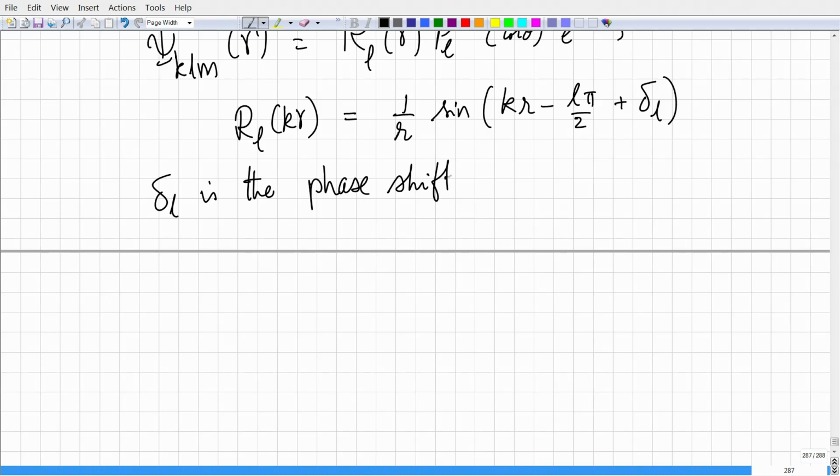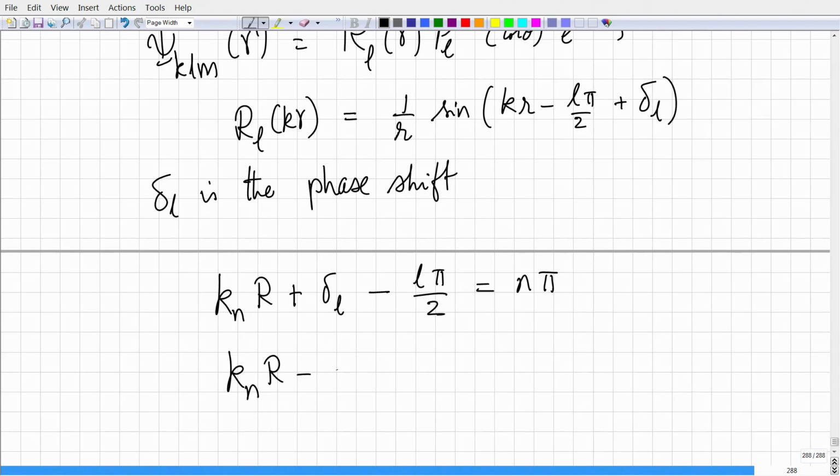This is the standard partial wave analysis of scattering by a spherical potential, and the allowed values now have to satisfy the following: k_n r plus delta L minus L pi by 2 is equal to n pi, or k_n r plus delta L is equal to pi times (n plus L by 2).